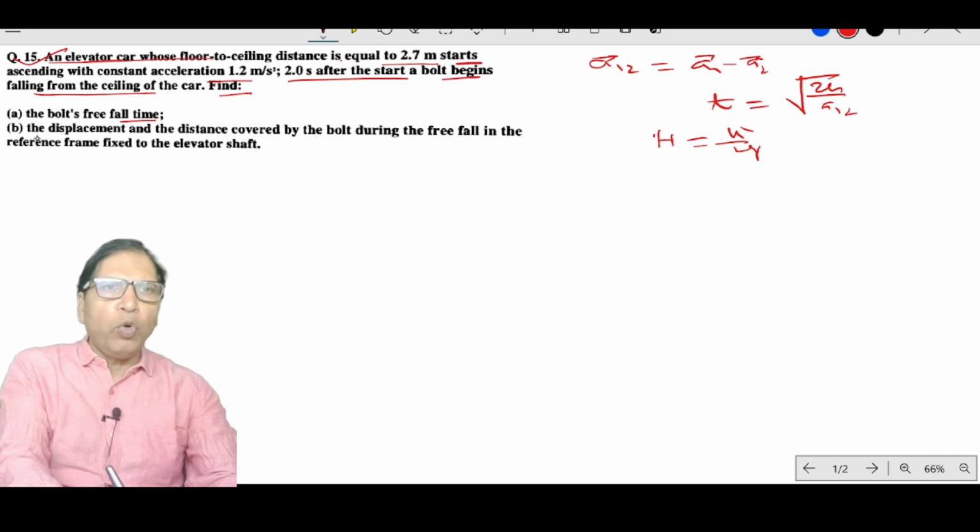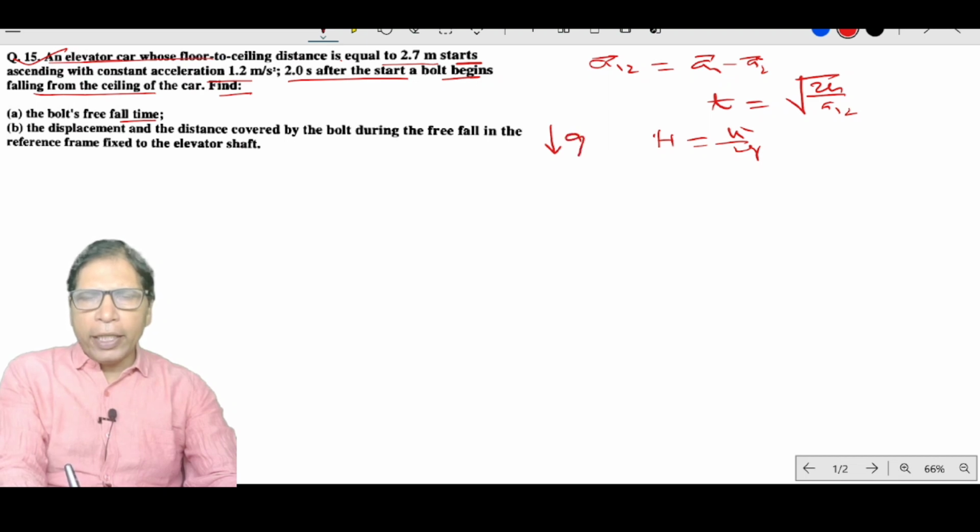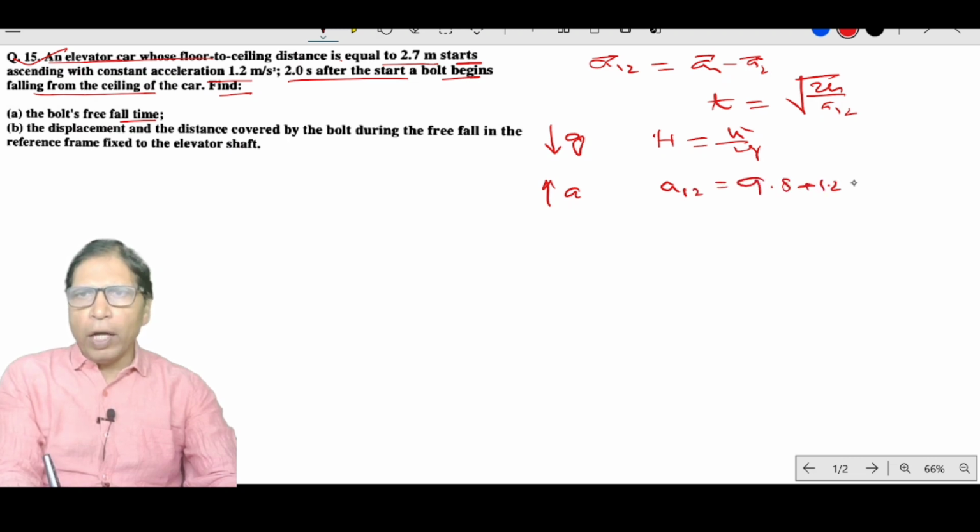Now here, the acceleration due to gravity is directed vertically downward, and the axis of the lift is upward. So relative acceleration A12 is 9.8 plus 1.2. So this is 11 meter per second square.